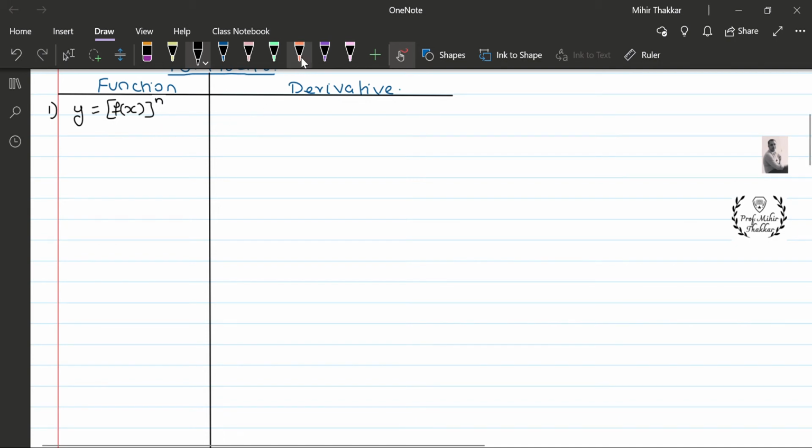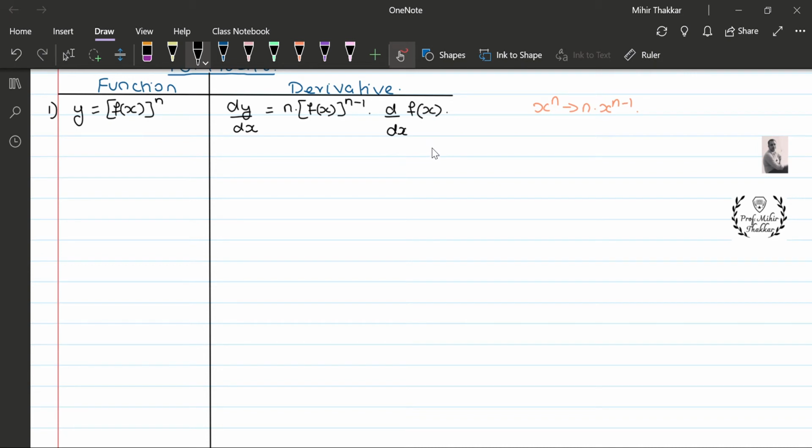This fx raised to n is similar to x raised to n. So what is the derivative of x raised to n? It is n into x to the power n minus 1. So when we come across fx raised to n, I get dy by dx is equal to n into fx raised to n minus 1, and again we have to multiply this with the derivative of fx.